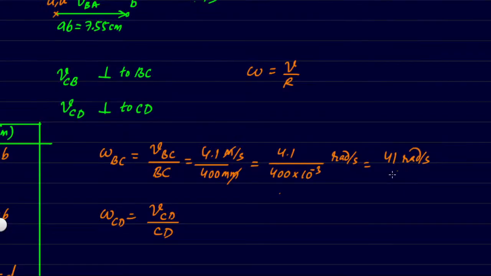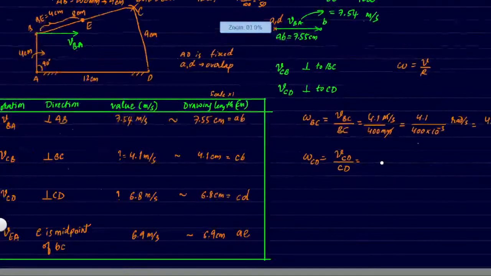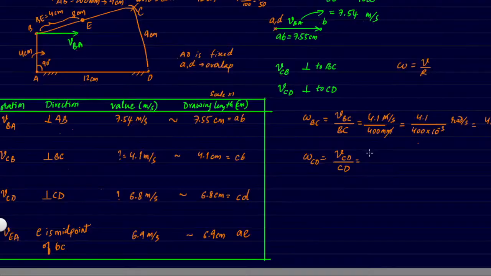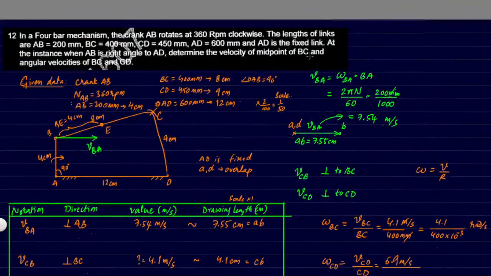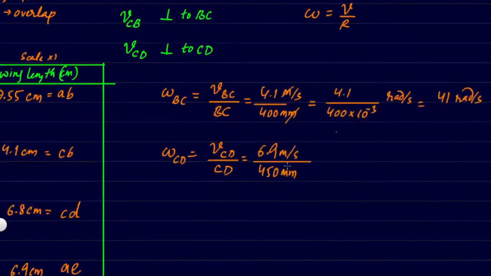That is the answer. Now the same thing we have to do for the velocity of C with respect to D. You can see we have got it as 6.9 meters per second, and for the length CD, we should not take the drawing length, we should take the actual length. So the actual length of CD is 450 mm. Once again, meter will cancel, and we get 6.9 divided by 450.